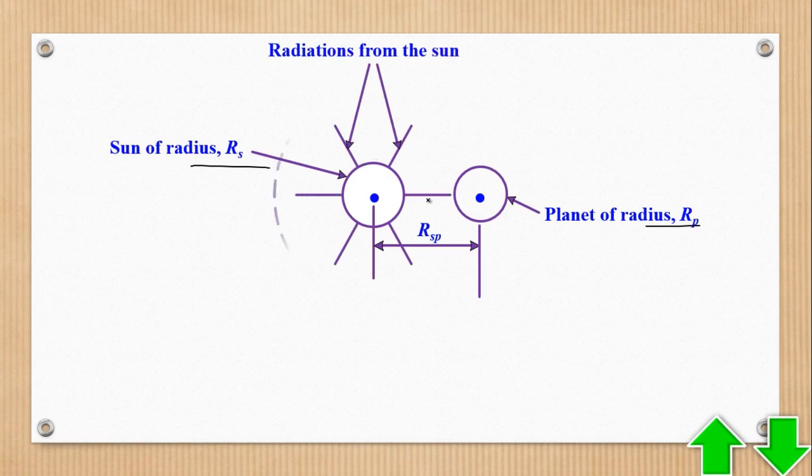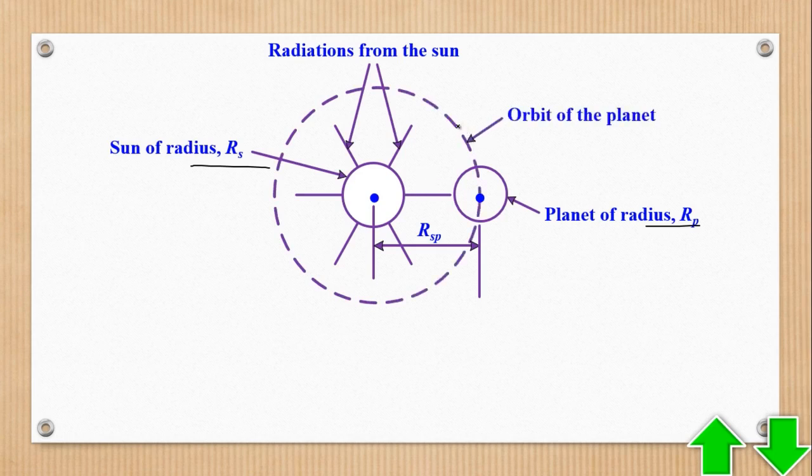That means the radiations will be in the form of a sphere, like a hollow ball. This is the spherical region that the radiations from the sun will reach.